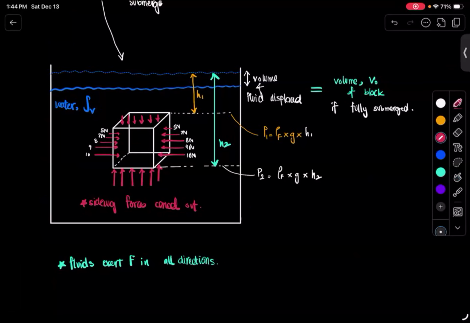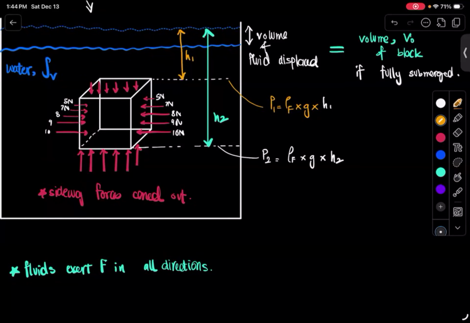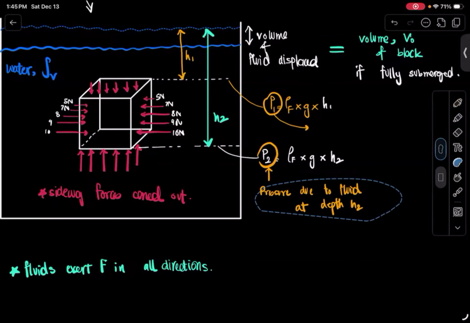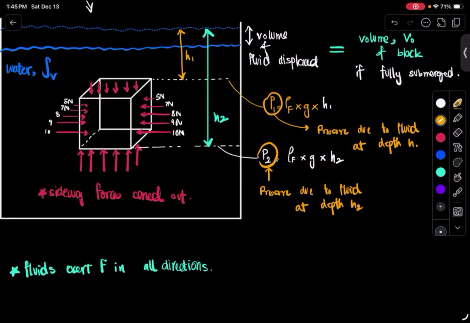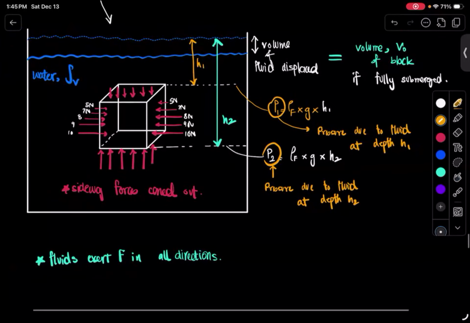Yes. So far. Okay. Now, if P2 is the pressure, I'll write that down. This is pressure due to fluid at depth H2. Whereas this yellow is pressure due to fluid at depth H1. Now, think about it.